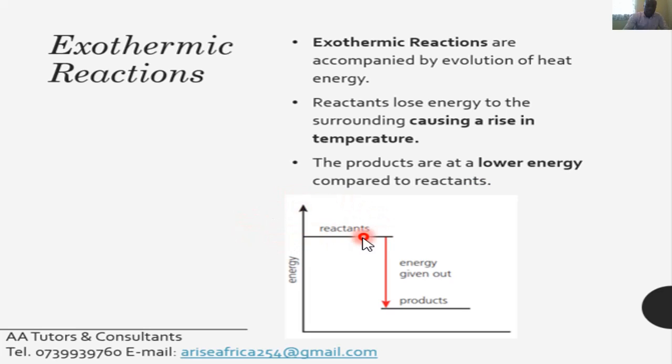If you look at where the reactants are vis-a-vis the products, you realize that the products are at a lower energy simply because they have lost energy to the surrounding. Those are the two major categories of reactions that we have in either physical or chemical processes: endothermic, which means energy is absorbed, and exothermic, which means energy is evolved.